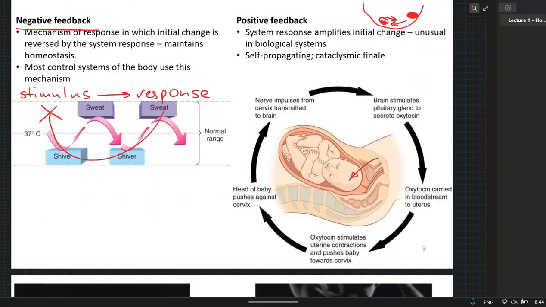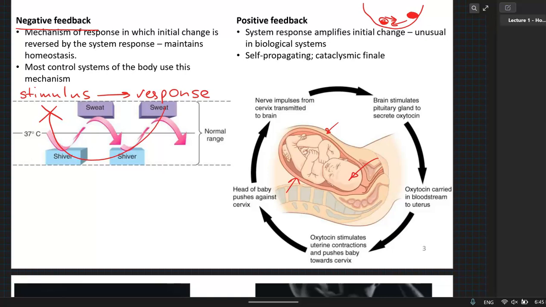When the head of a baby pushes on the cervix, the nervous signal from the cervix goes back to the mother's posterior pituitary, which releases oxytocin. Oxytocin stimulates contractions of the smooth muscle of the uterus, which pushes the baby even more. So more pressure, more signal, more oxytocin, more pressure, more signal, more oxytocin.